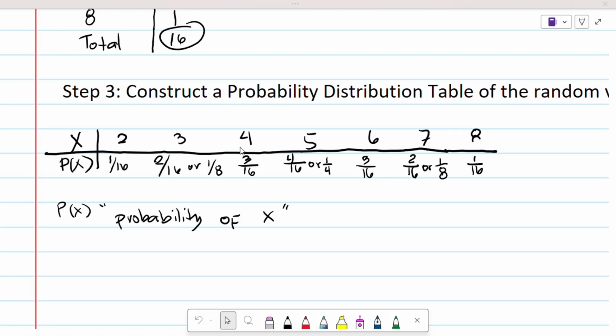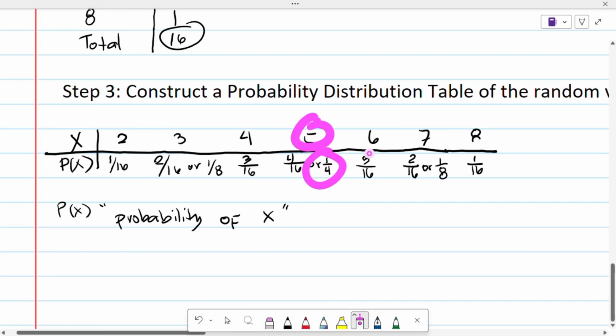The probability of getting a sum of 4 is 3 over 16. And the probability of getting the sum of 5 is 1/4. The probability of getting a sum of 6 is 3 over 16. And the probability of getting a sum of 7 is 1/8. And the probability of getting a sum of 8 is 1 over 16.